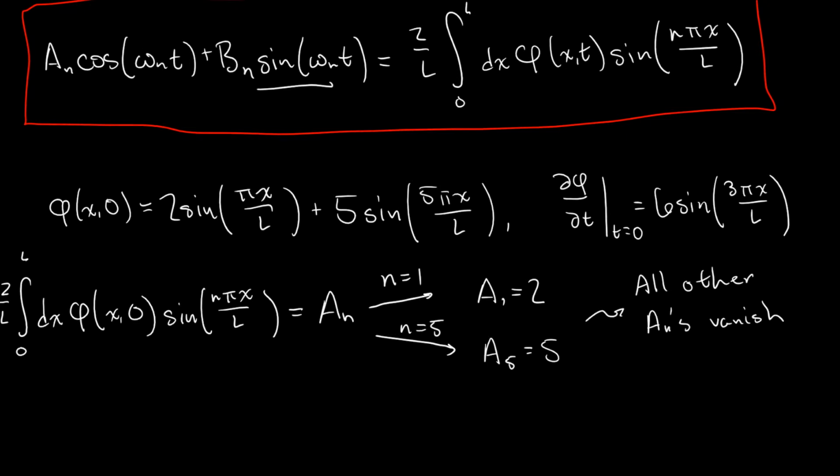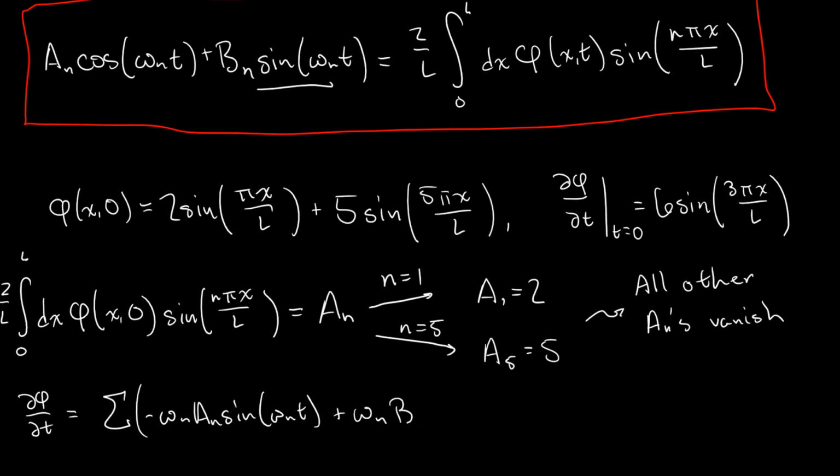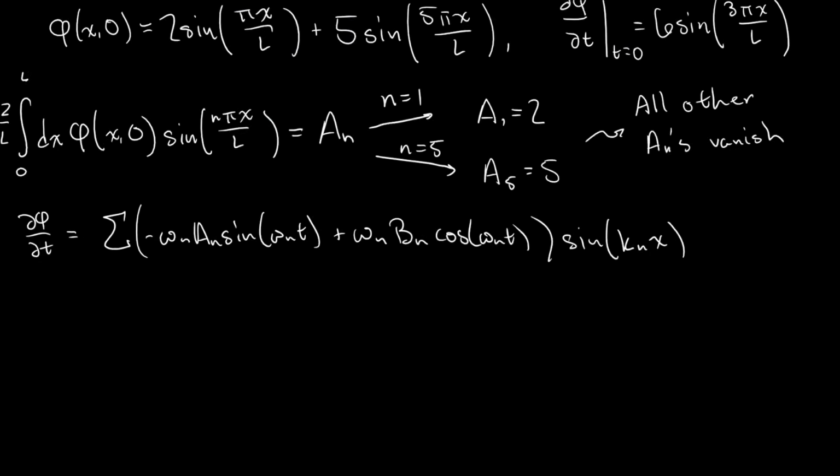When I take a time derivative, d phi dt is equal to this sum of omega n a sub n sine, this should have a negative, minus omega n a sub n sine omega n t plus omega n b sub n cosine omega n t, times, and obviously the time derivative isn't going to touch the sine of the x term.